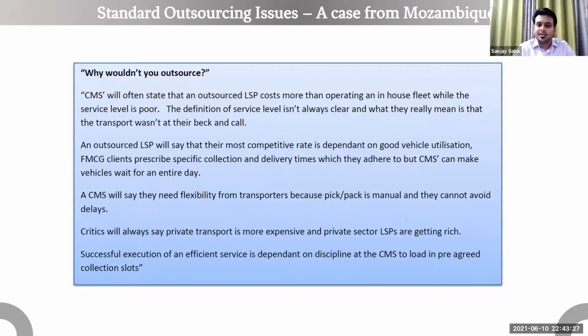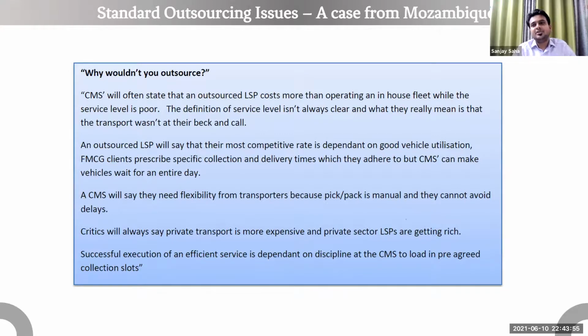Okay, then the other point that this snippet says is that the CMS wanted flexibility from transporters because pick and pack was manual and they cannot avoid delays. Critics always say that private transport is more expensive and private sector providers are getting rich. However, successful execution of efficient service is dependent on discipline.